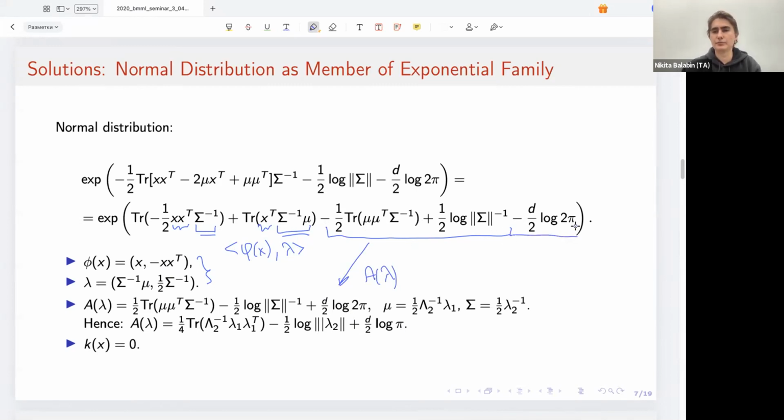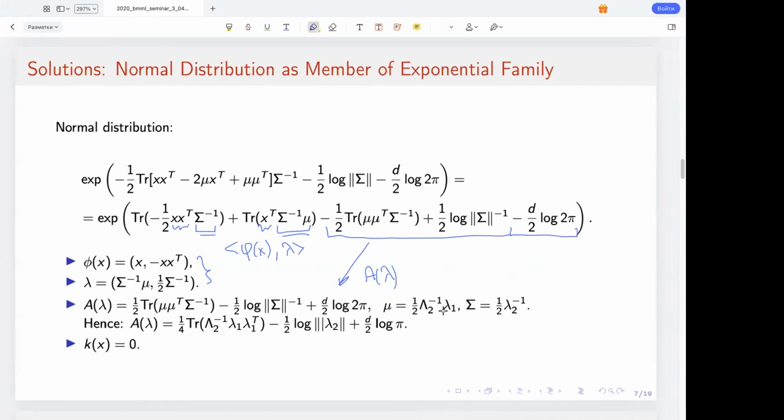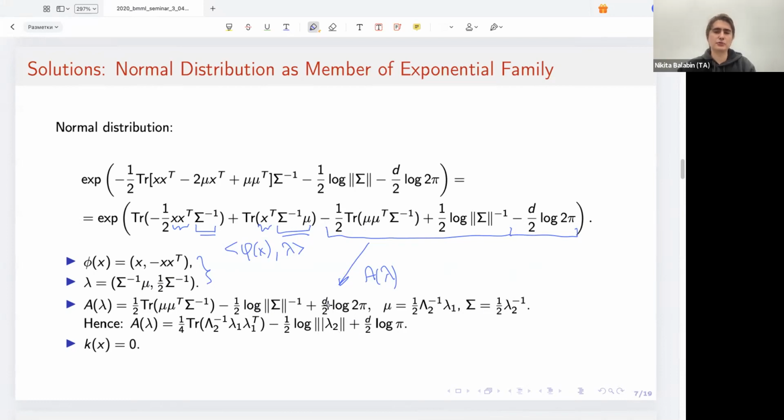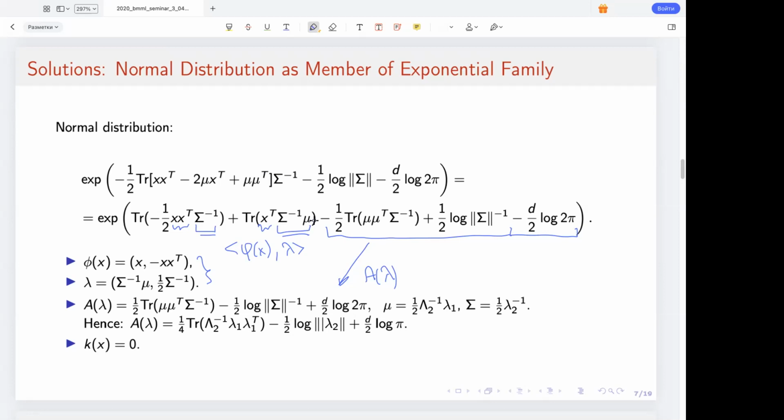There is no k of x here, and we can make some additional substitution to achieve a more convenient form, but it is not important. Our task was to show that it is the exponential family. So here it is.